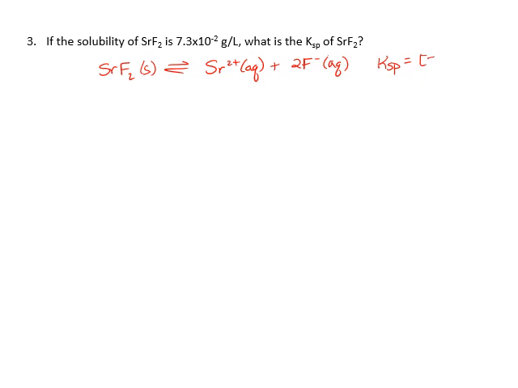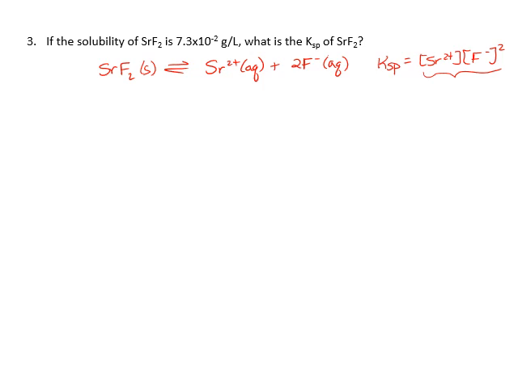It's going to be equal to the concentration of strontium 2+ ions times the concentration of fluoride ions squared. So if we want to determine the value of Ksp, we'll need to know these concentrations. Remember that these represent the maximum concentrations in solution in equilibrium with the solid. What are those concentrations?